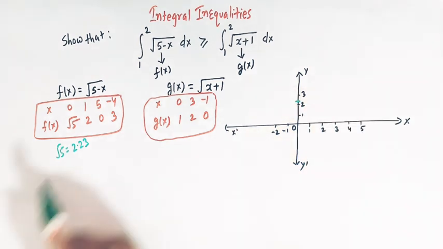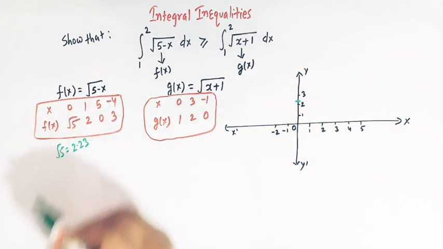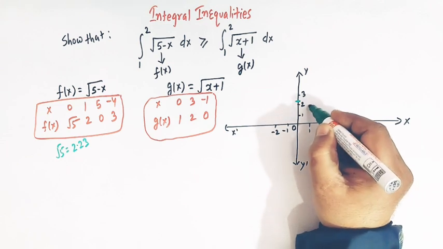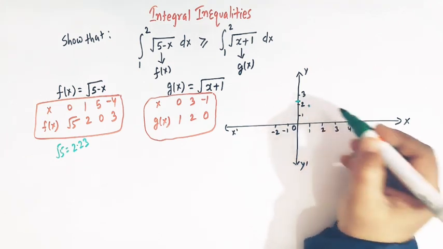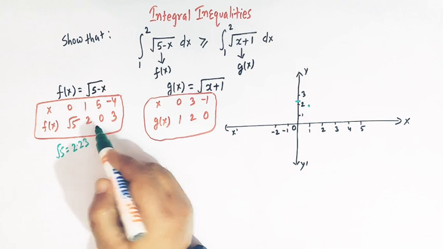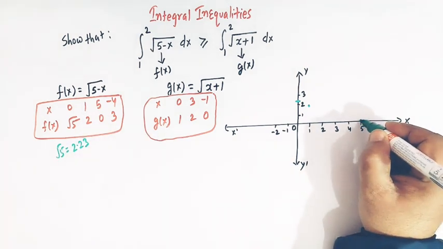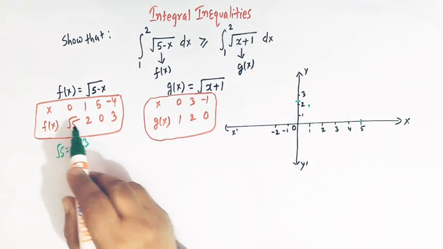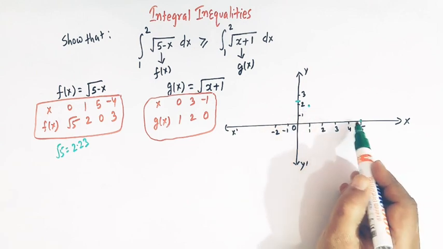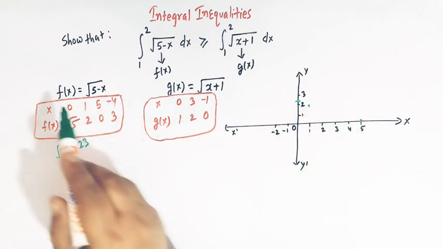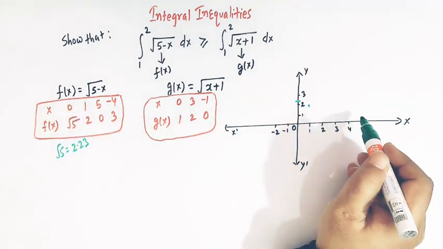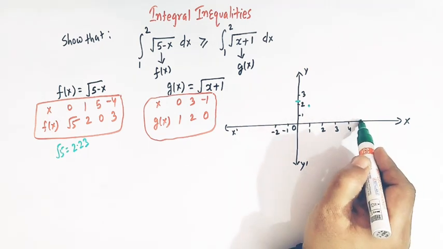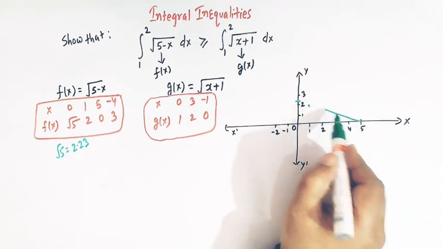Then we have 1 comma 2, and then 5 comma 0. We are taking only these 3 points lying on f of x, and the graph of f of x goes like this.